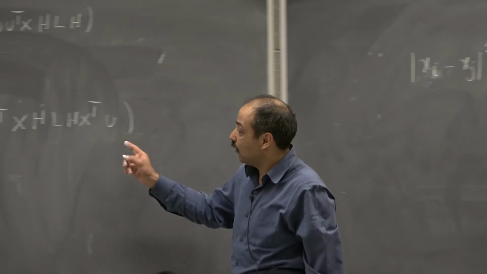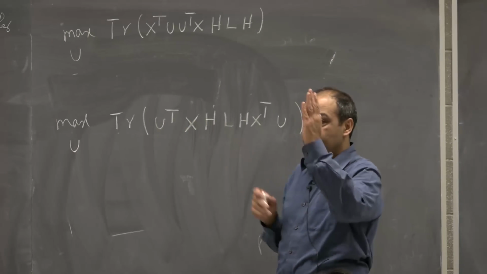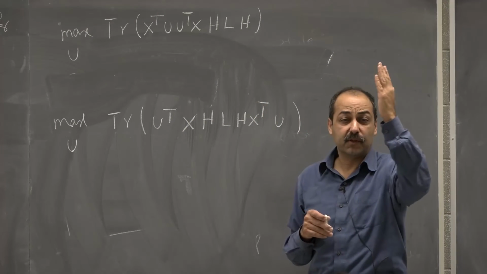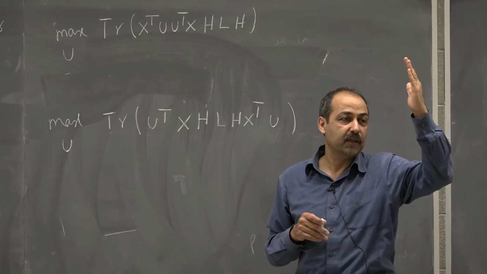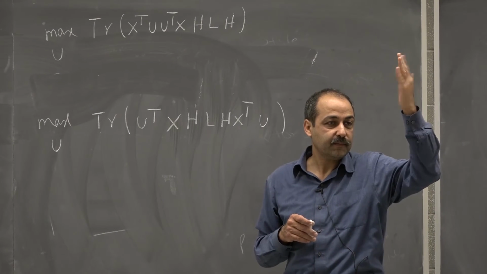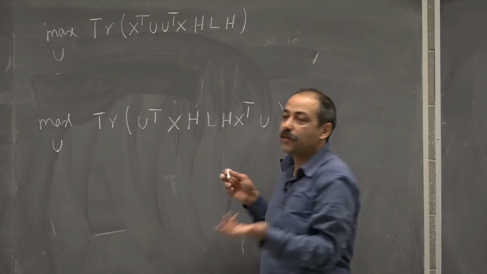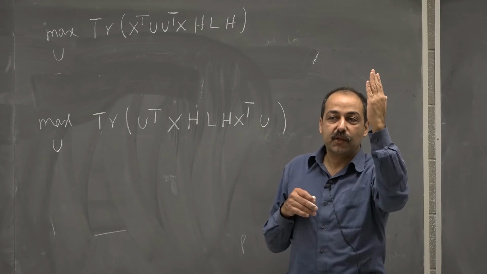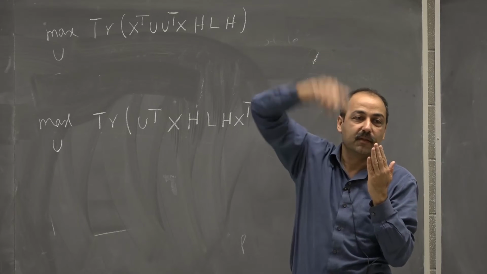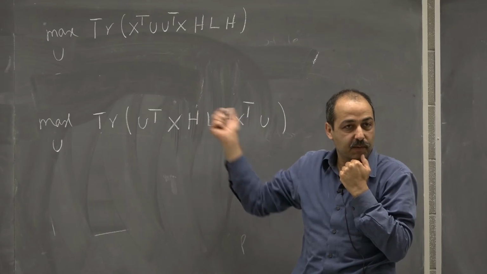We have the same problem here. U here is a matrix, but suppose that you want to map everything to one direction, a vector. This doesn't have any upper bound, because U could be as large as you want.